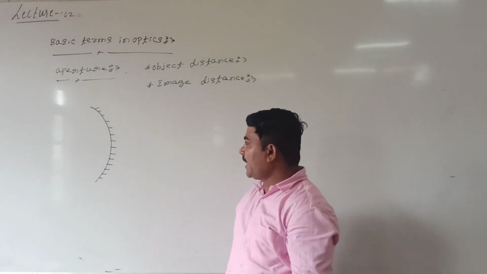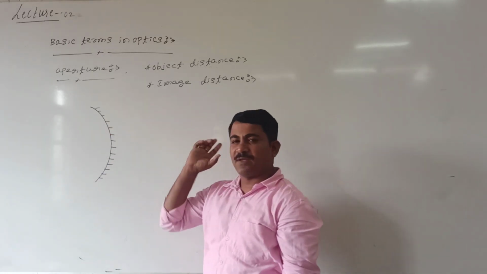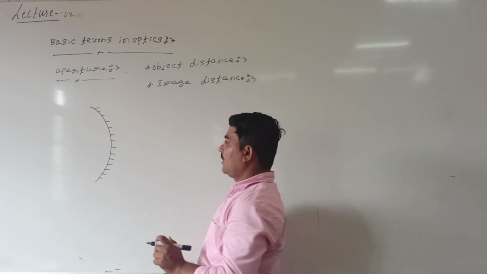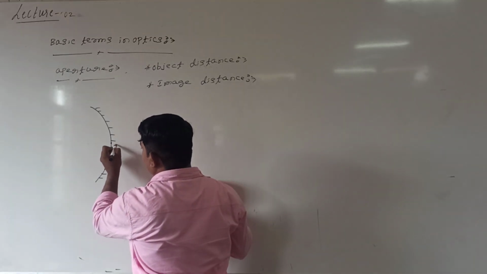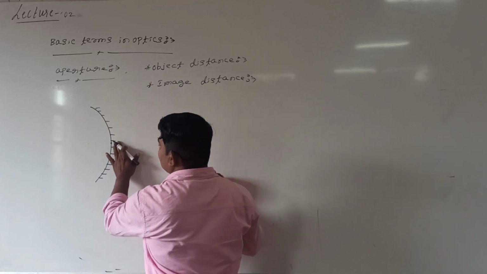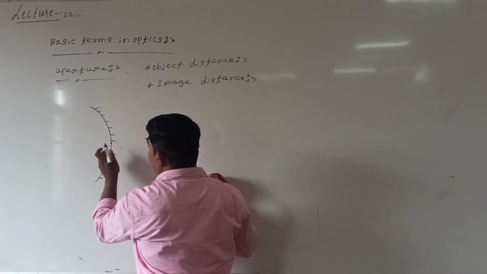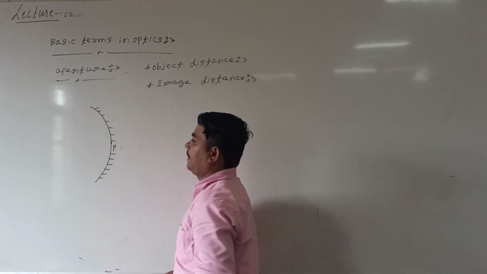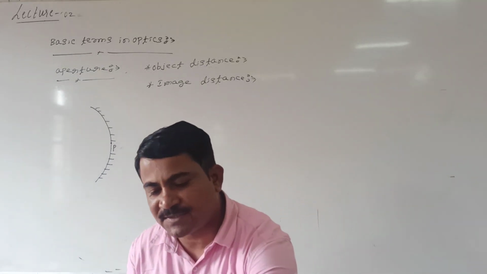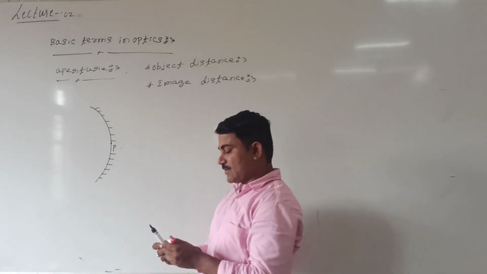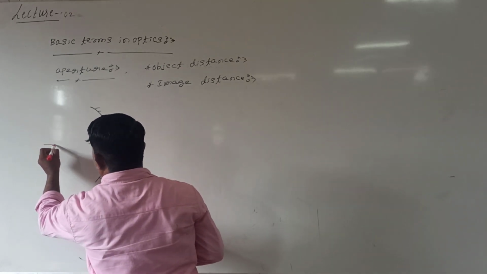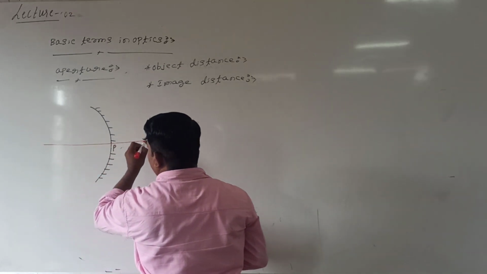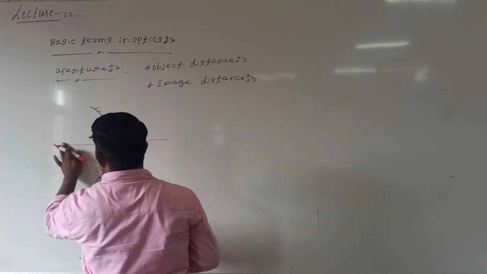Students, again we take a concave mirror. The center part of the mirror, this we are calling pole, right? The straight line passing through the pole, this I can call the principal axis.